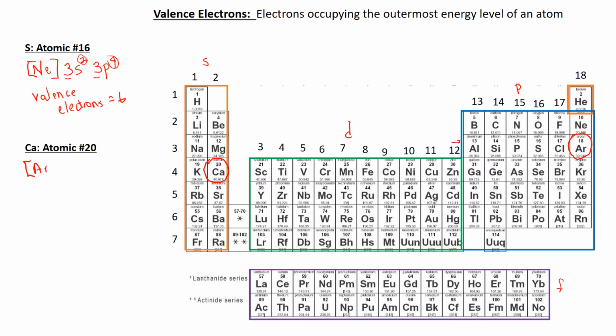That represents my core. Everything that came before row 4, argon contains. So we just have to write the symbol for argon, and then we start with that fourth row. So calcium is in the 4s block, and it's the second column, so it's 4s2.